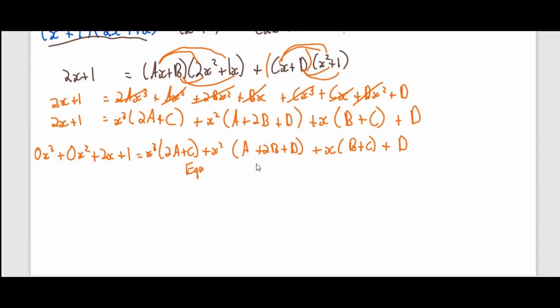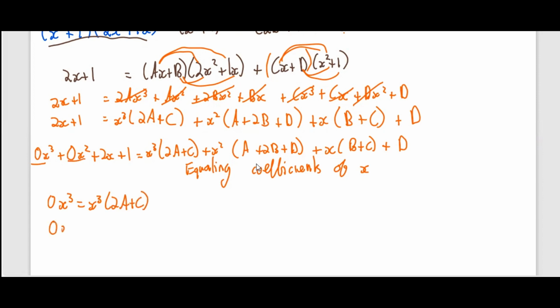So we state equating coefficients of x. So we have 0 x cubed. So x cubed here will equal this here. So it'll be x cubed times (a plus c).